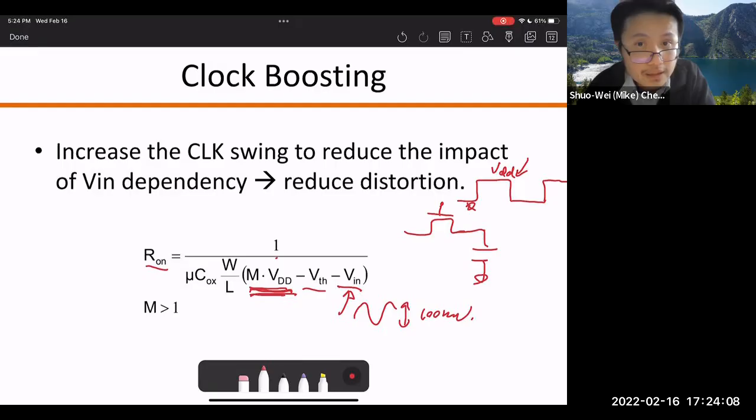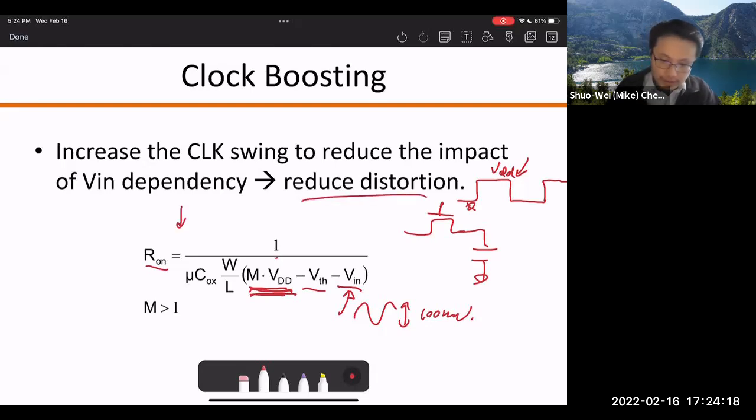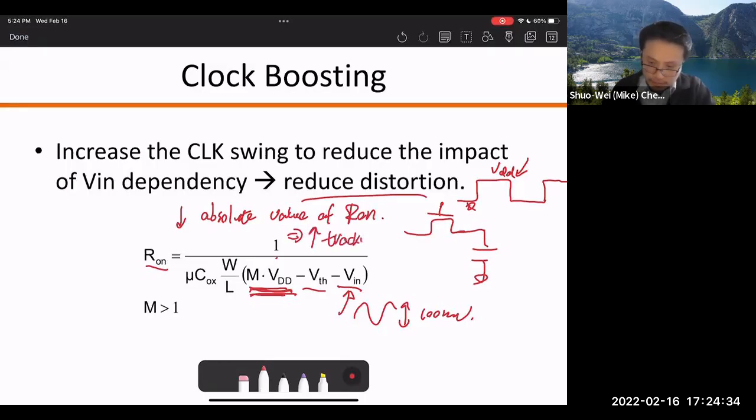That's why clock boosting is useful: to reduce the distortion and also to reduce the absolute value of R on. Essentially you can enhance your tracking bandwidth, which can be very helpful.